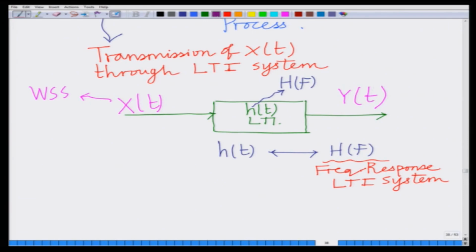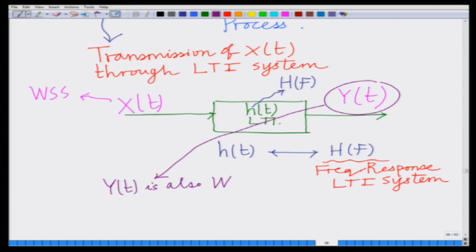The interesting fact is that when a wide sense stationary random process is input to an LTI system, the resulting output is a random process, and more interestingly, the resulting output is also a wide sense stationary random process. So this Y(t) is also WSS.